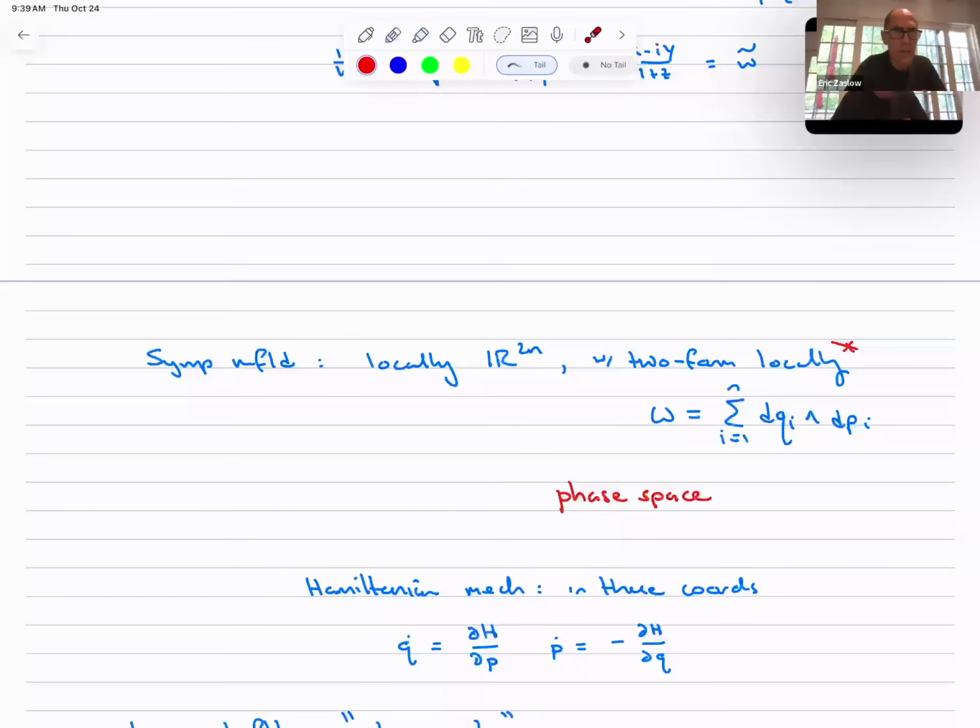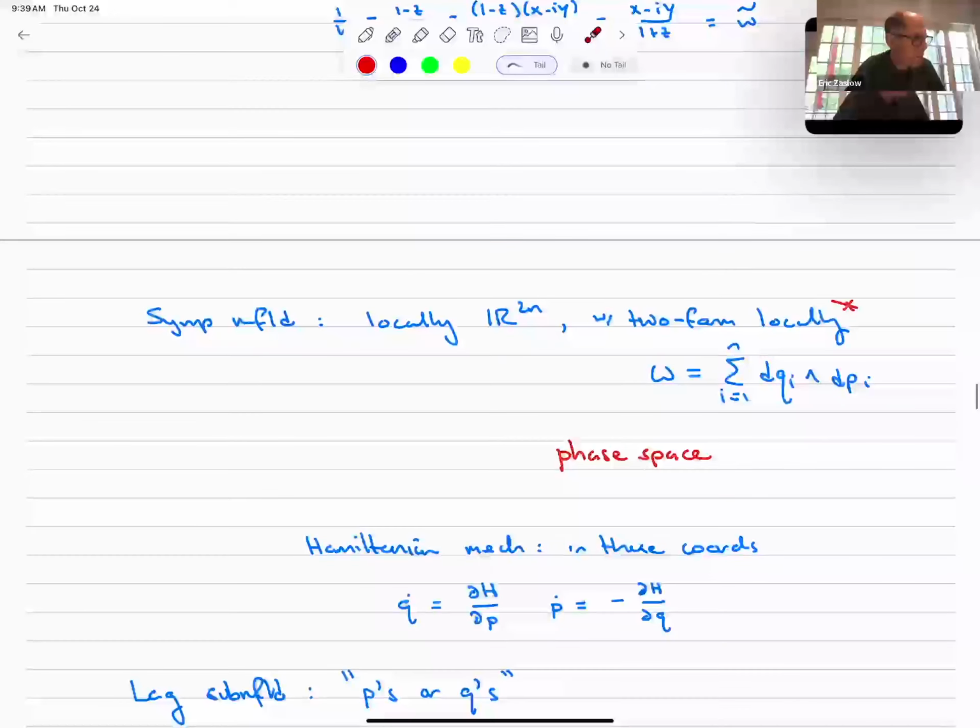For example, the position of a 2D pendulum has to lie on a sphere. And the momenta are just numbers, so they usually don't live in as interesting a space.